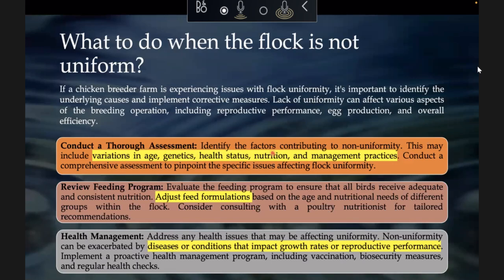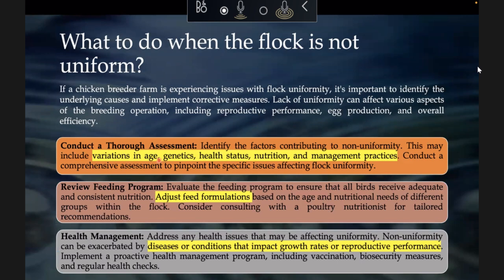Because many times, if the farm shed is too big, in a commercial setup, then a portion of the shed is controlled by one employee, and another portion may be controlled by another set of employees.